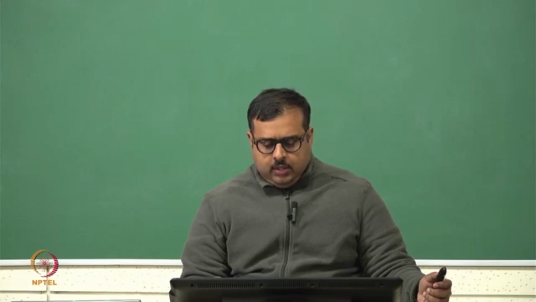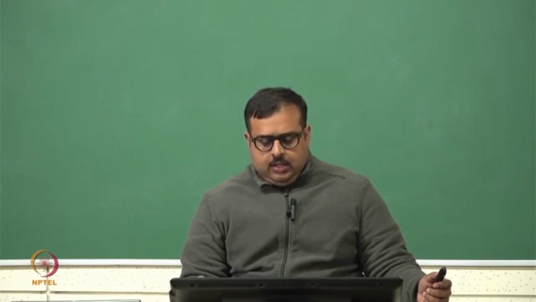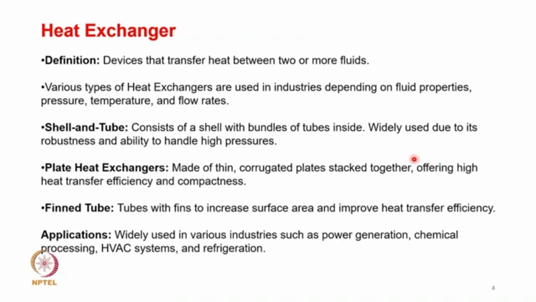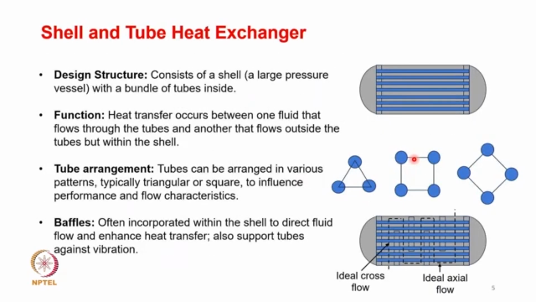For instance, triangular, square, and of course in the shape of a diamond, and so on. These tubes will also influence the flow characteristics, because the fluid passing through the shell actually passes through these tube pitches.